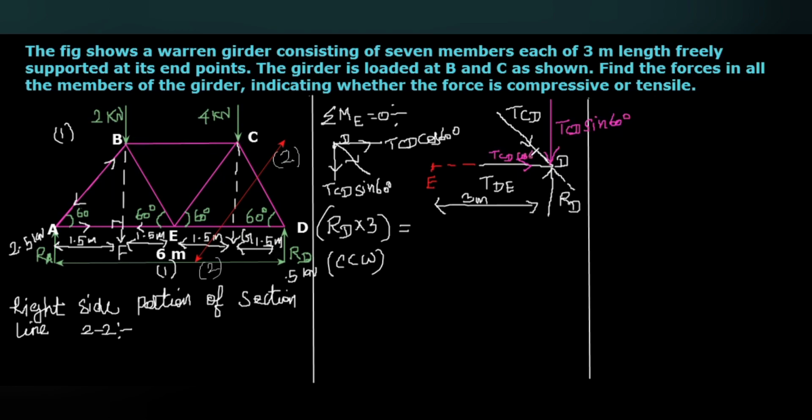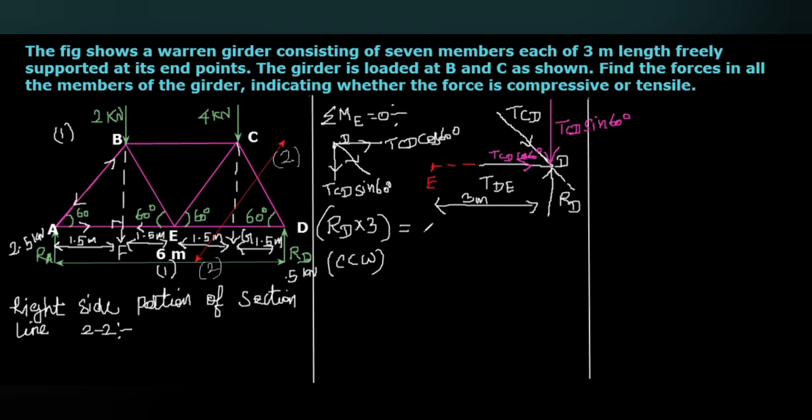This TCD cos 60 again passes through the point E, so when you take moment about E, the moment made by TCD cos 60 will be eliminated. Only we have to consider the TCD sine 60 multiplied with the distance 3 meters, because the TCD sine 60 with respect to this 3 meters will be in clockwise direction.